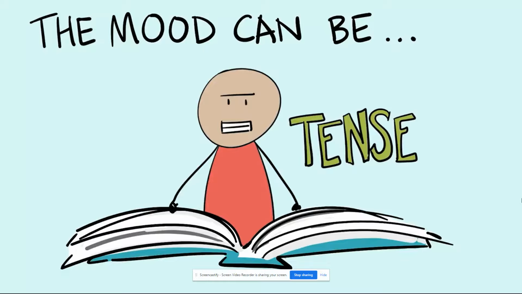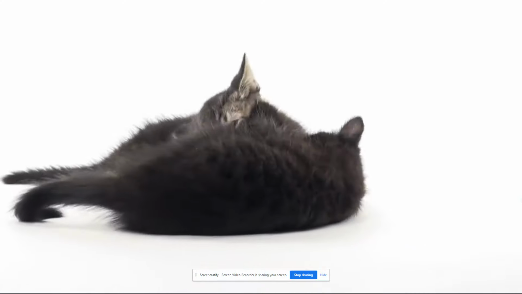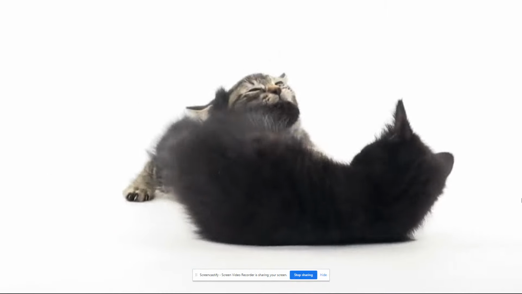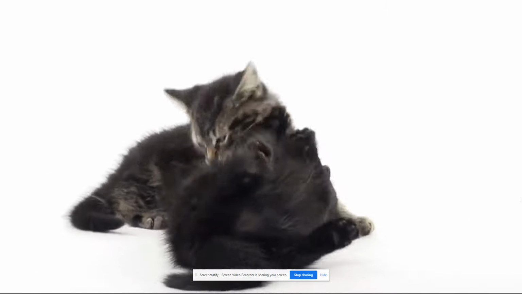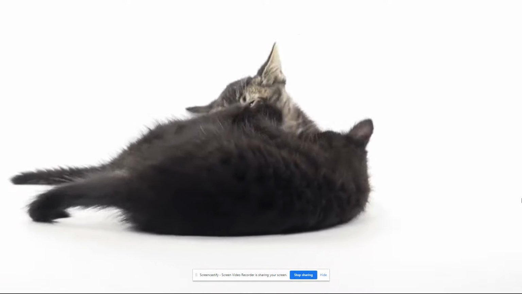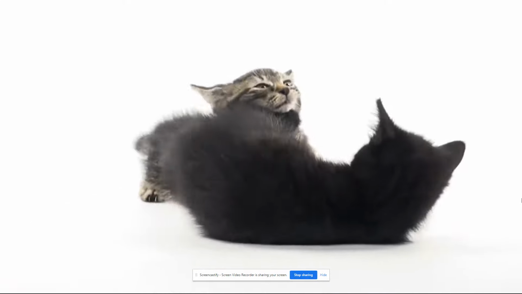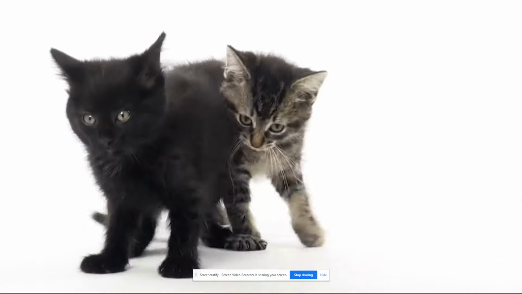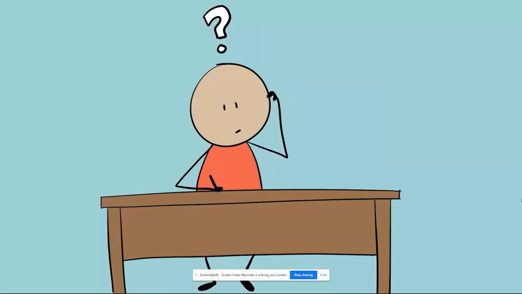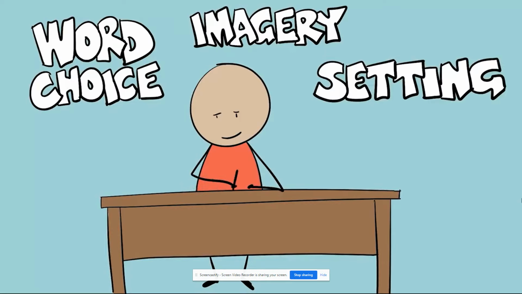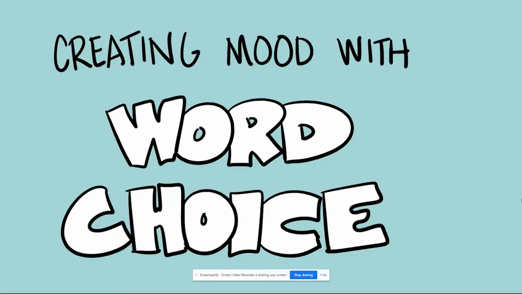How might you describe the mood of this video right now? Sweet and playful, right? How about now? See how the music changes the mood? But authors can't use music in their writing. So what do they use? Word choice, imagery, and setting. Let's look at some examples.